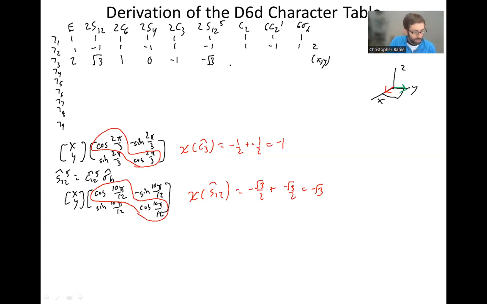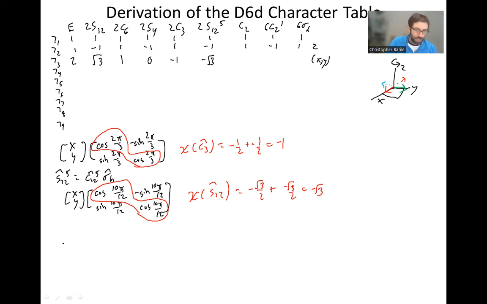All right, and then we have a C2. This C2 is equal to basically a C6 3 times. It's a 180-degree rotation. So if you envision what that does, it's going to spin around the z-axis still. So it's going to take x into negative x, and it's going to take y into negative y.